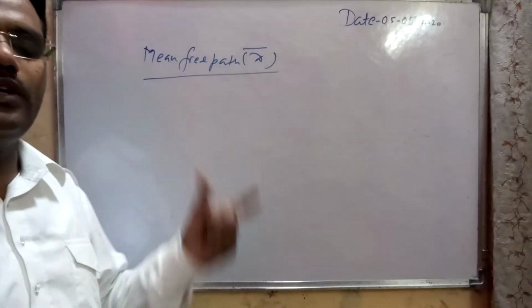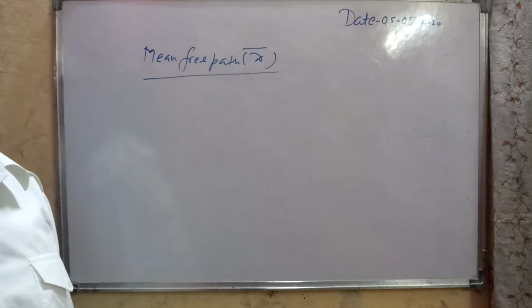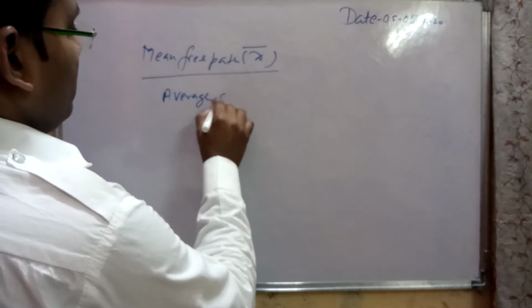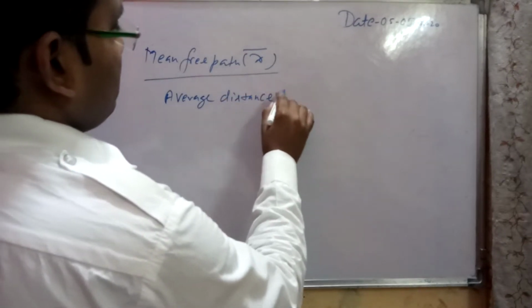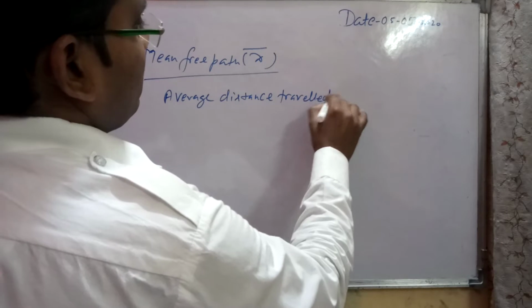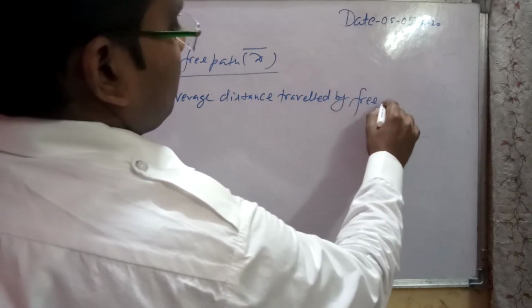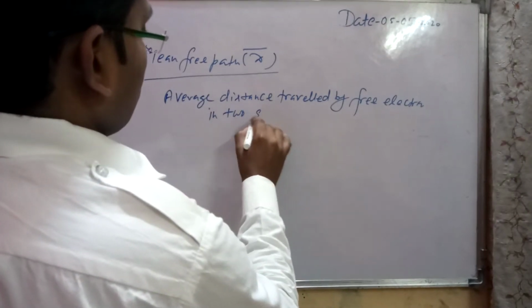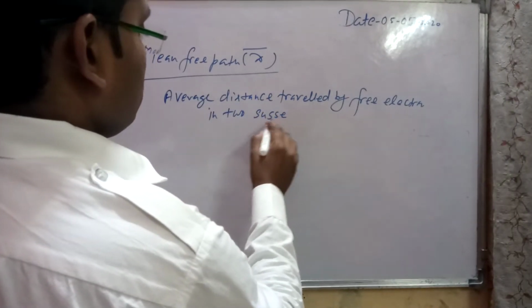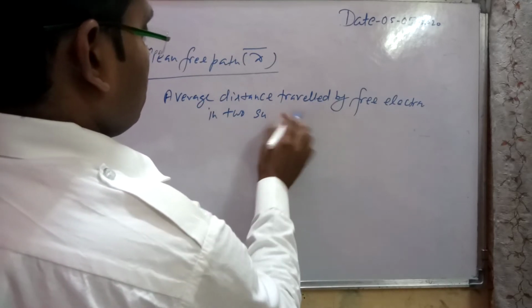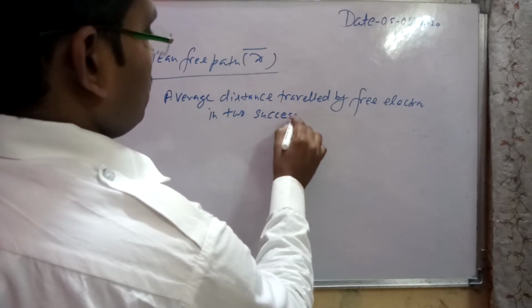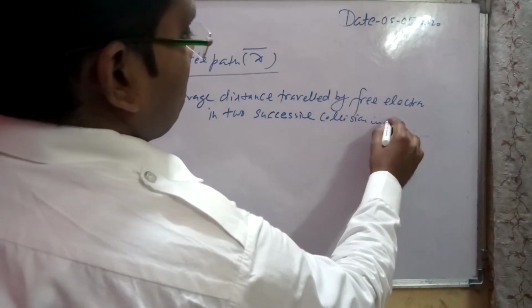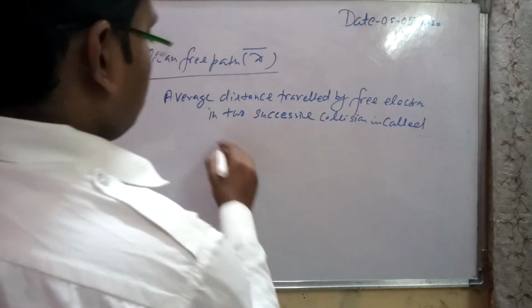The average distance traveled by a free electron in two successive collisions is called the mean free path.